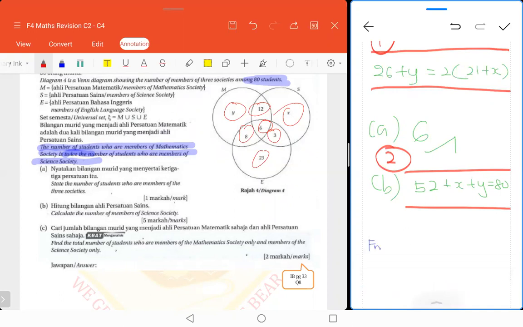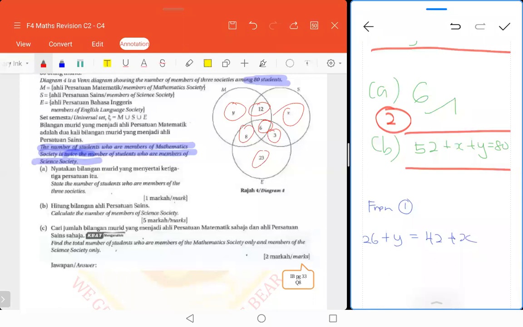So from the first equation, 26 plus y equal to 2 times 21 is 42 plus x. Okay, rearrange nicely. y minus x equal to 42 minus 26. y minus x is 16.